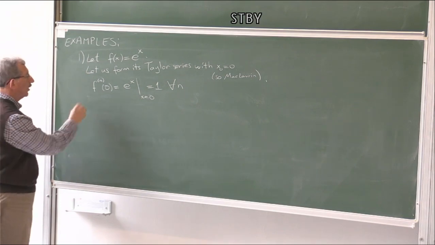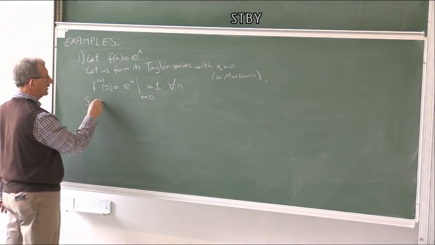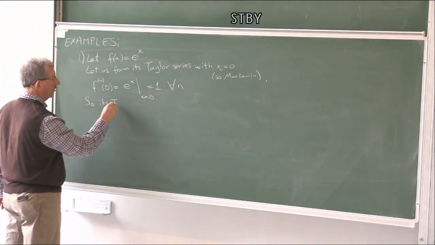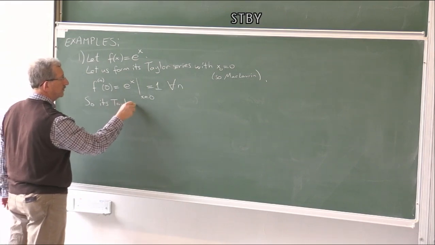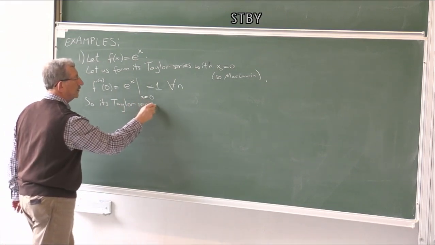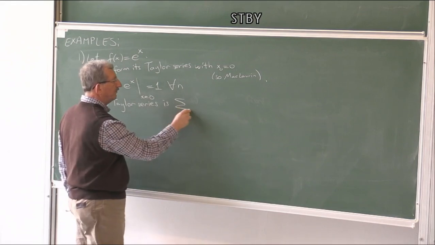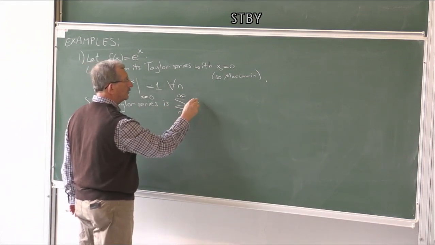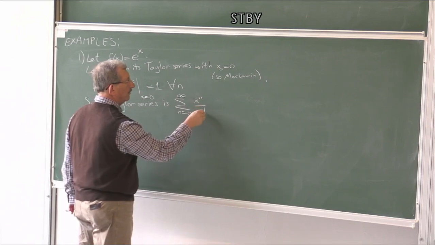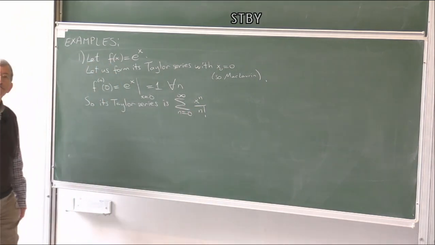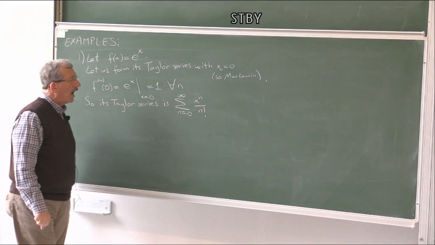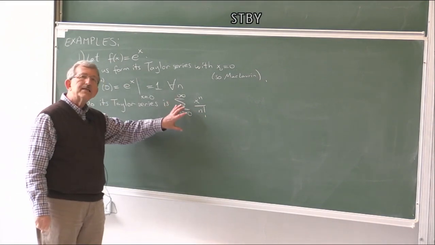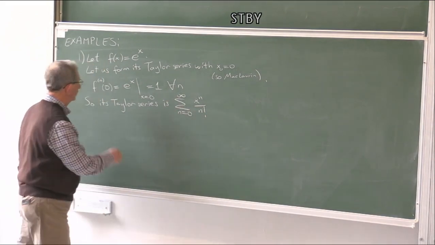So its Taylor series is the series from 0 to infinity of x to the n over n factorial. Now, the question is, is this equal to e to the x?